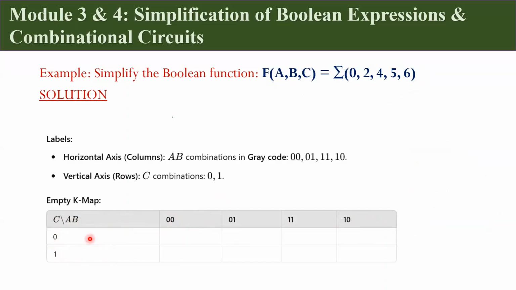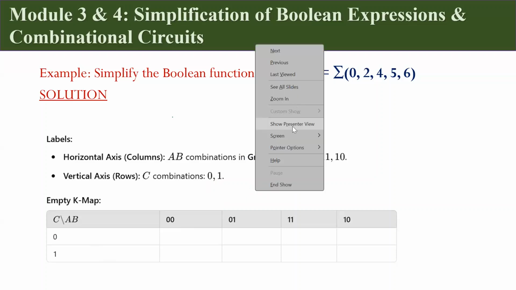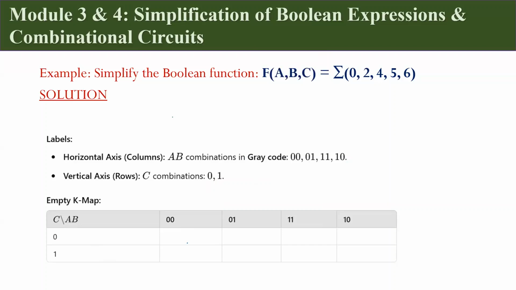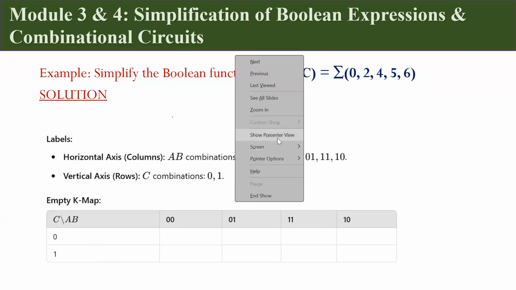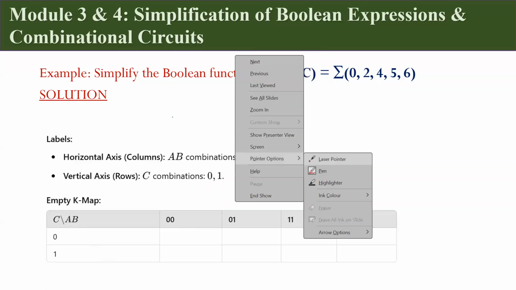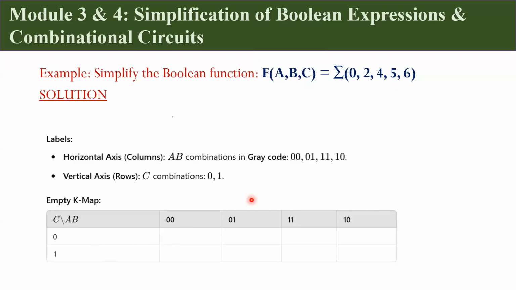Good. Now, looking at the function that we have, the very first one we have is what? A bar, B bar, C bar. Where will it be in this place? Let's begin to do it by ourselves now. Don't take this as complicated.